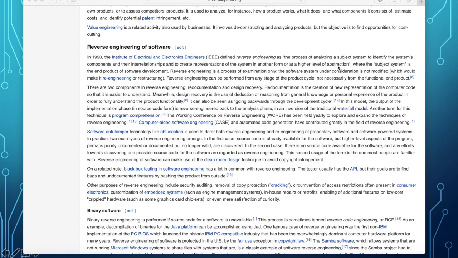But by running the software and also looking at the code, we should be able to extract the functionality of the software. But that takes a lot longer time to analyze and review.